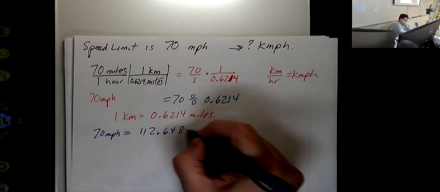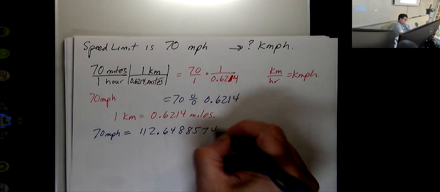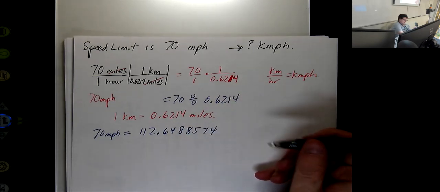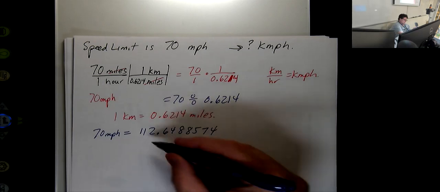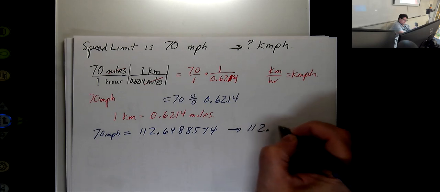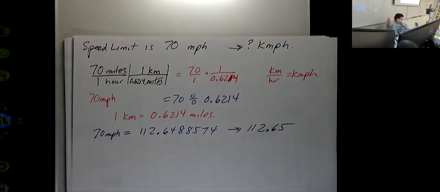I'm going to write them all down. And I'll probably just round to 2 decimal places. This wasn't a scientific measurement, so I don't need to chop off significant digits. This is kilometers per hour.